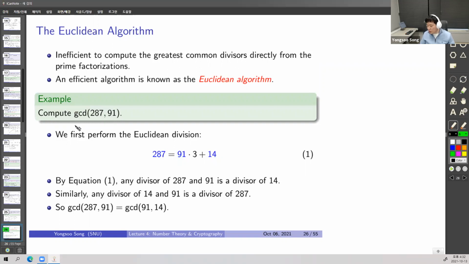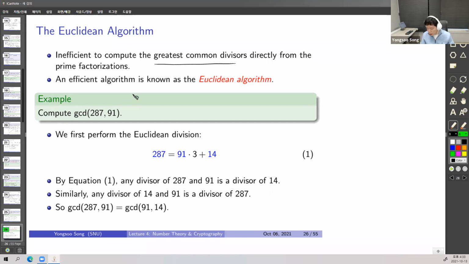So this Euclidean algorithm is based on just a simple division algorithm we have already seen. As I explained, computing GCD directly from prime factorization is very inefficient because prime factorization is very inefficient. So the much more efficient algorithm is called the Euclidean algorithm.